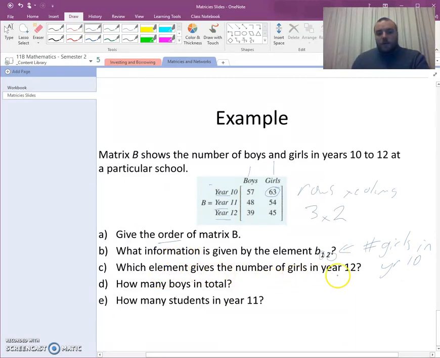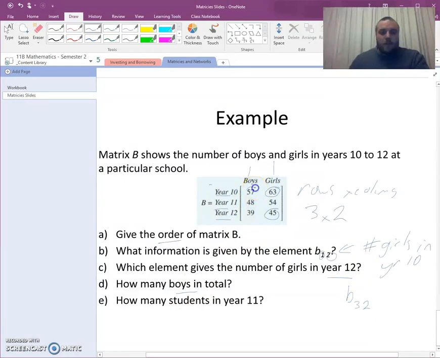Which element gives the number of girls in year 12? So the number of girls in year 12 is just here. And because this is called matrix B, we'll use a lowercase b, and it is row 3, column 2. So b3,2. How many boys are there in total?